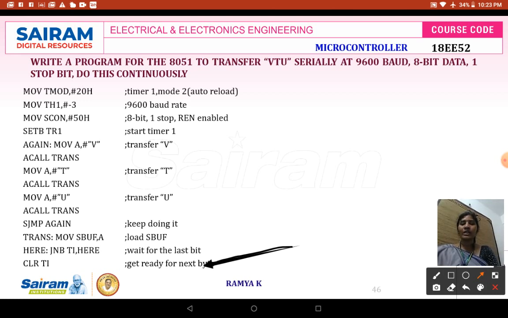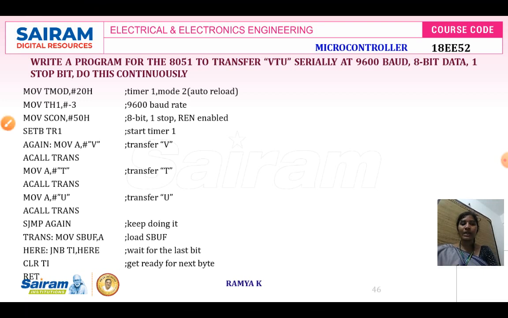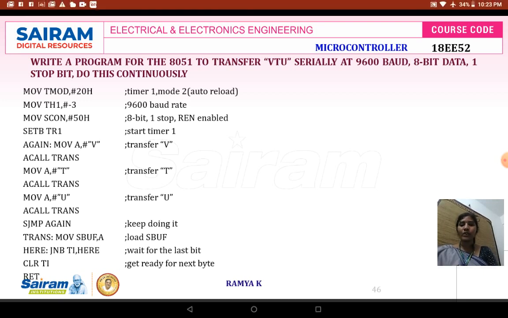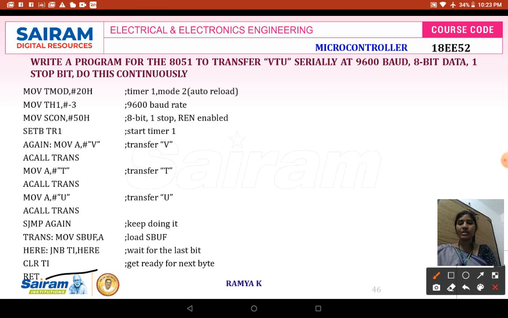So every time you have to clear your transmit interrupt flag and jump back to the loop. When the return statement is executed, automatically control will be transferred to the next instruction after your call instruction. So here the control will get transferred.